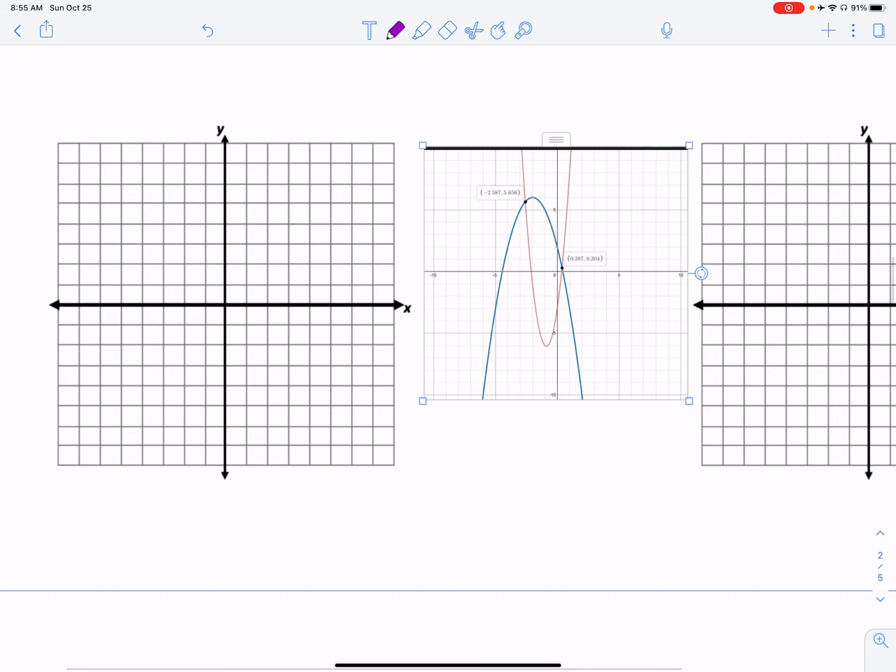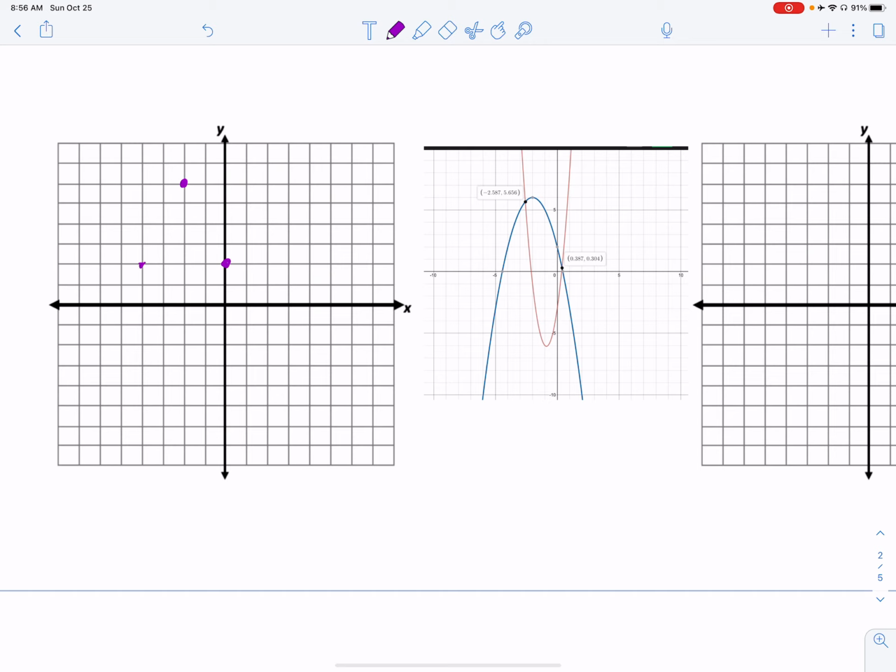And so we had negative 2, 6, and then the y-intercept is 2 on that one. This is the second equation that's opening down.